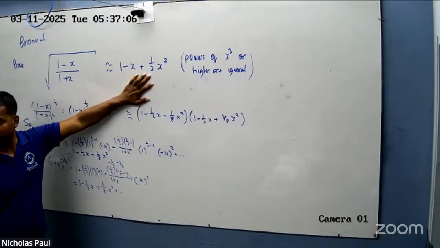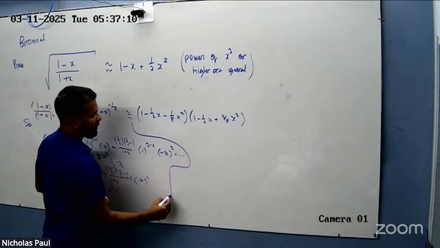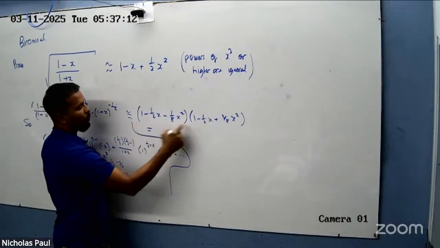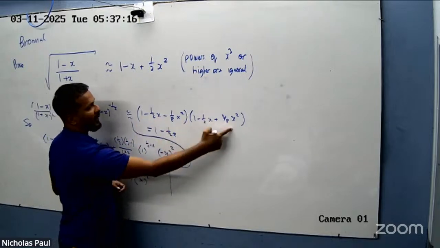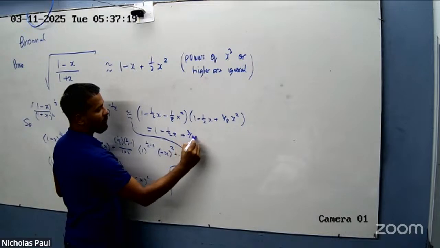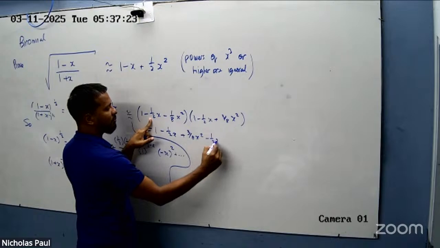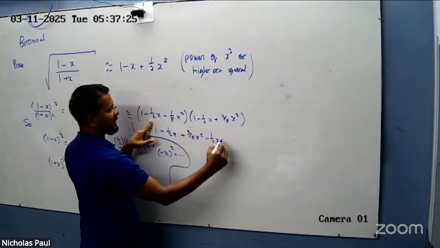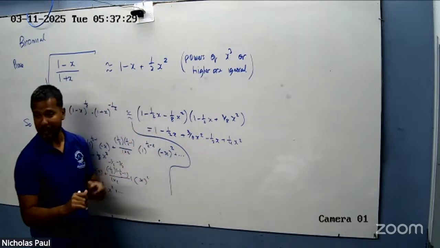That's okay? So when I multiply this here, I will get 1 by 1 is 1, 1 by minus a half, 1 by the x squared. Minus a half x by 1, minus a half x by minus a half is plus a quarter x squared. Stop there, I don't need any more, right?